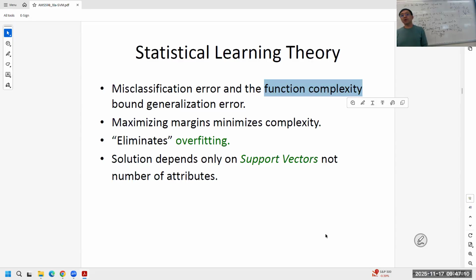If you have a very complicated model to separate the two groups, the generalization error may be higher, because your model may be so tailored to your training data that when you generalize to the test data, you may have overfitting issues. This is a general theory: we don't want our model to be complex.